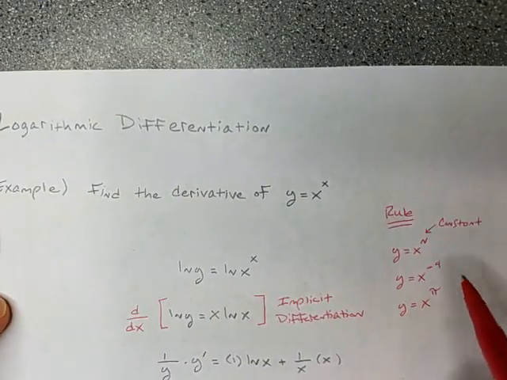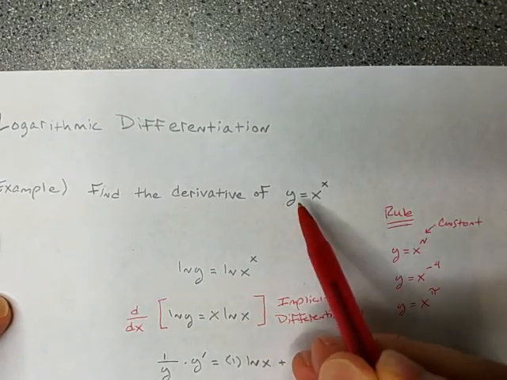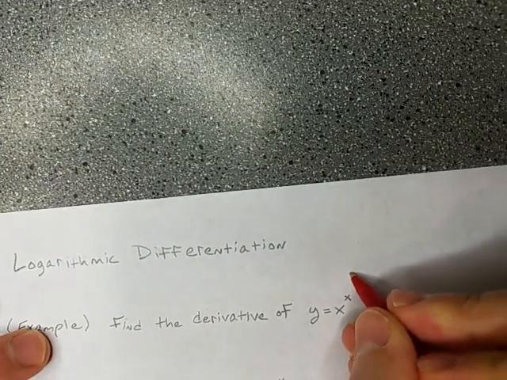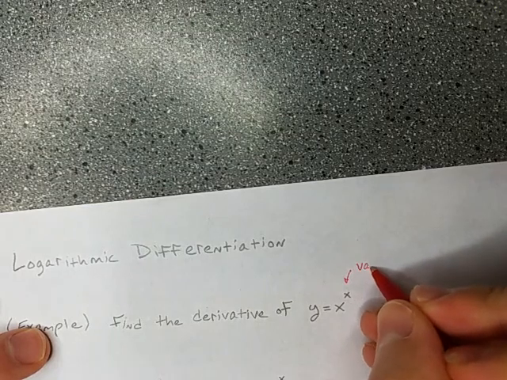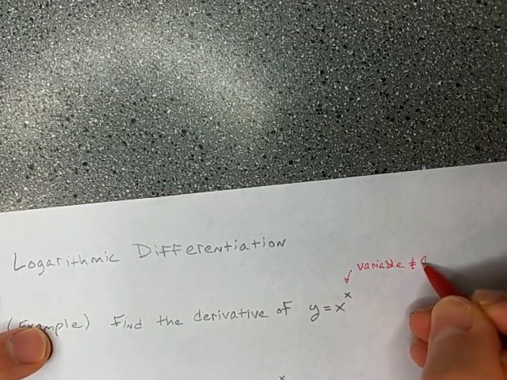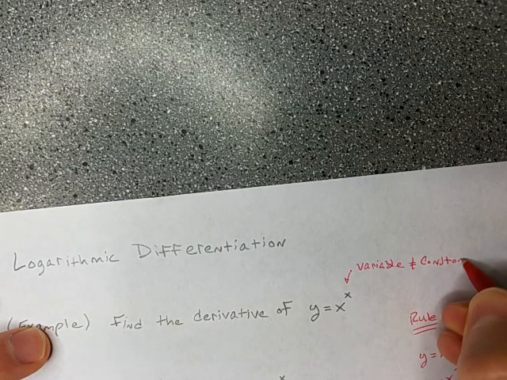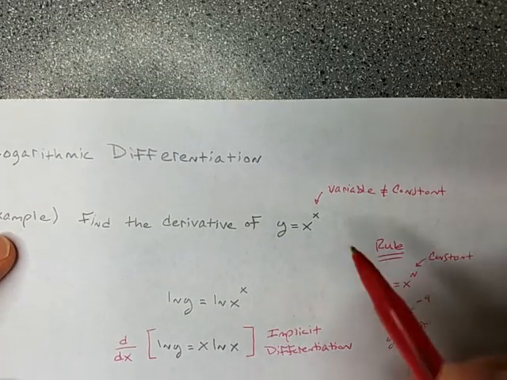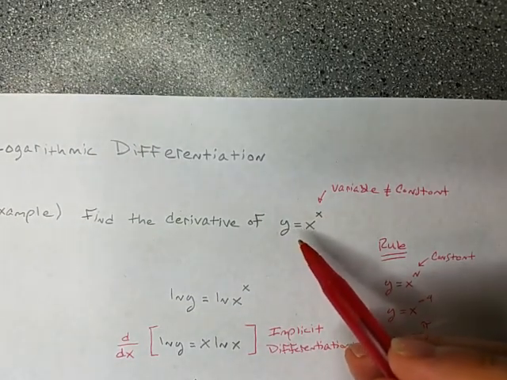But I told you, I can't use this rule for this problem, with this power up here being a variable, in other words, not being a constant. Then I don't have a rule for that. And so we need a way to move it so that it's not there anymore.